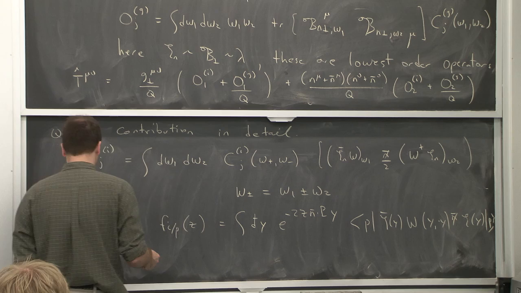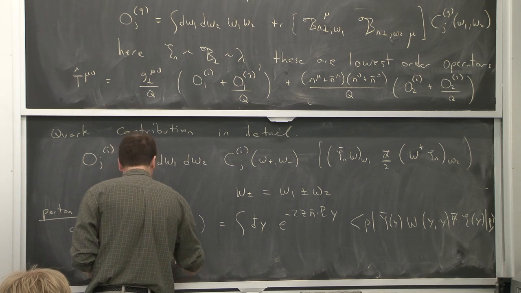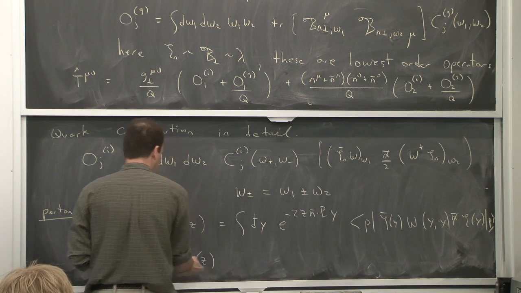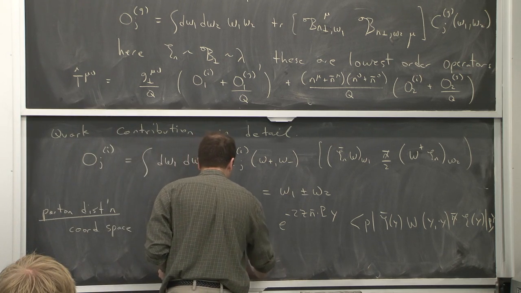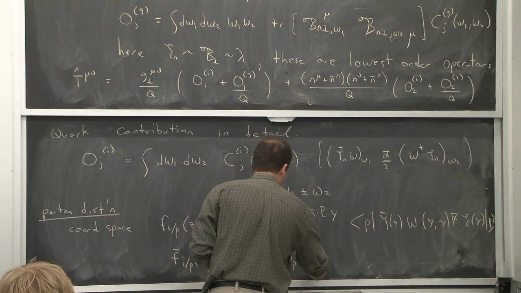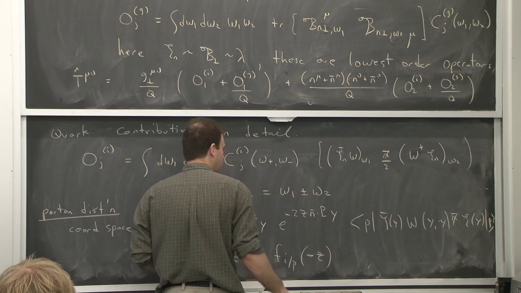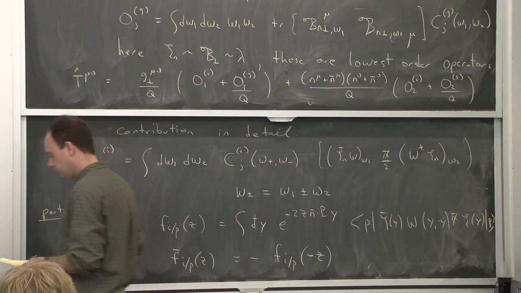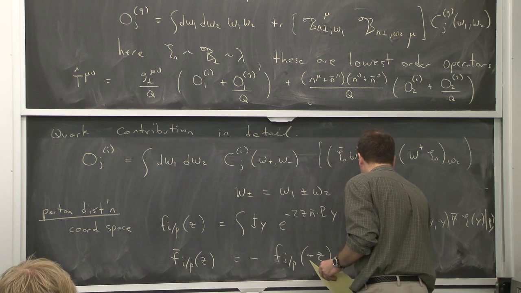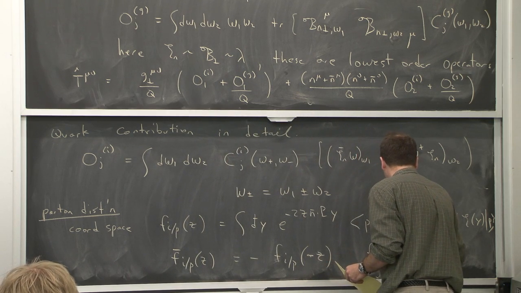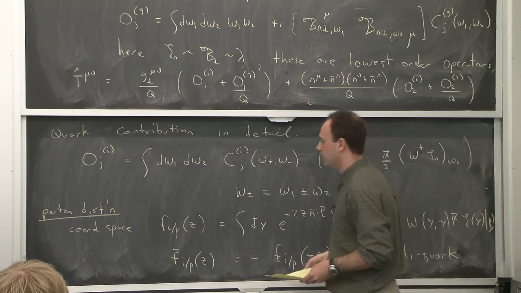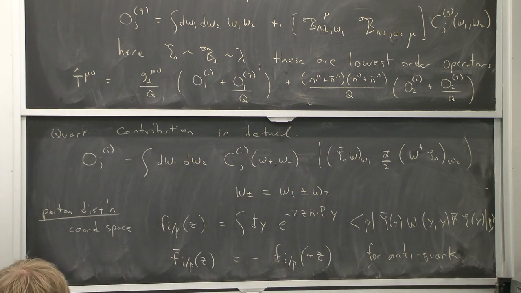And also, one can convince oneself that if you want to write down for the antiquarks what the parton distribution function is, it's the same formula as the quark formula, just with kind of an overall minus sign and Z goes to minus Z. So that's an operator definition of the parton distribution function.